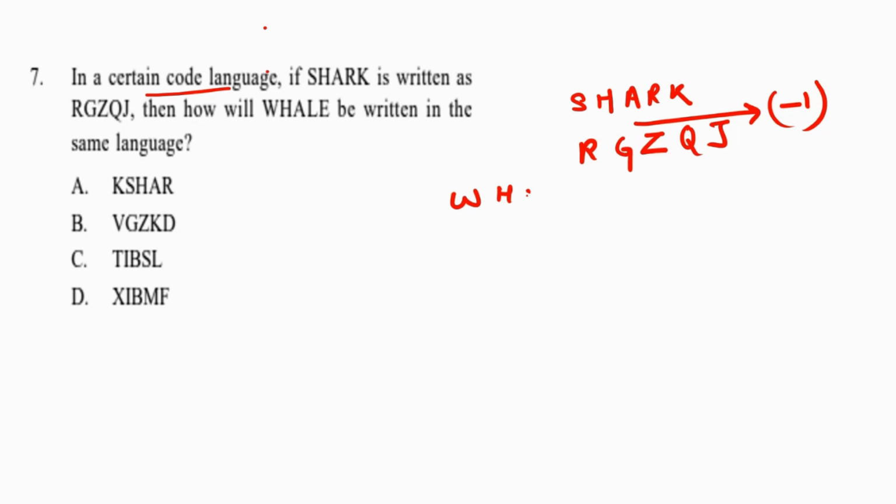So when it comes to whale, we'll take just the previous alphabet. So what comes before W? V. What comes before H? G. Before A should be Z, before L comes K, and before E comes D. So over here in option B, we have the required answer. So that's the option.